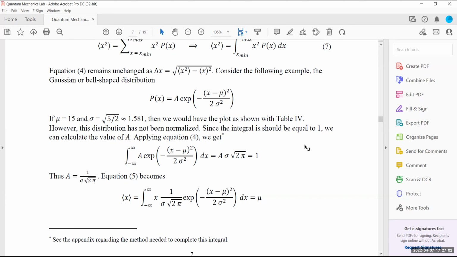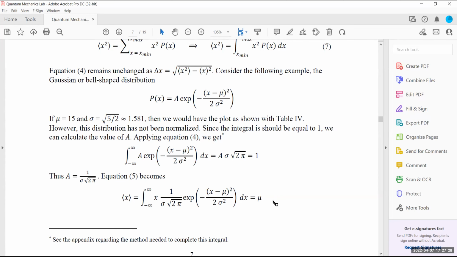However, this distribution has not been normalized because the sum in here depends on A. So if we want it to be normalized, we impose that this sum, which is in terms of sigma and A, is going to be equal to 1. That gives me a value for A, which is just the inverse of this number. Then if I add up all of these things, the average of them with x is going to give me mu.